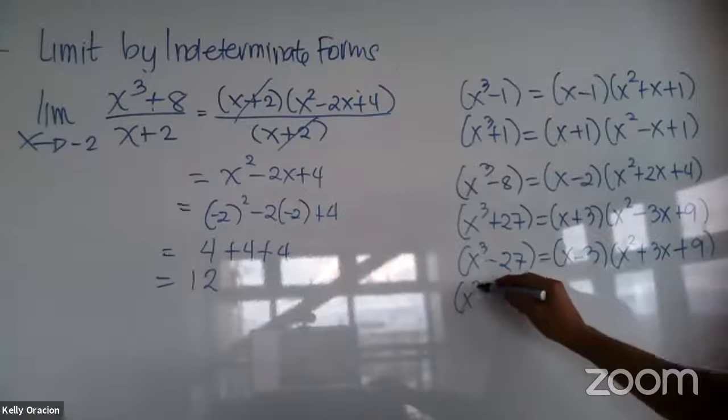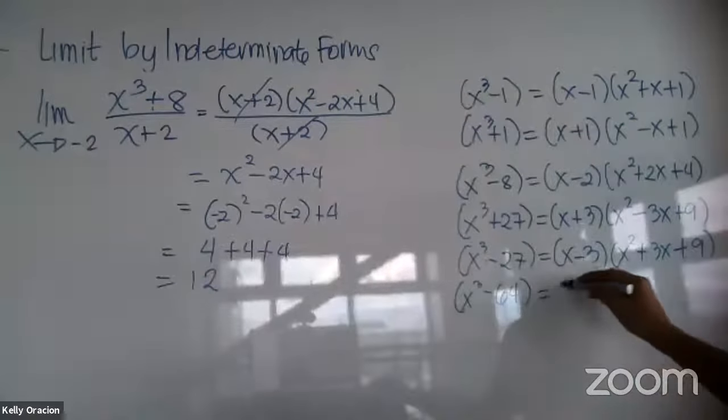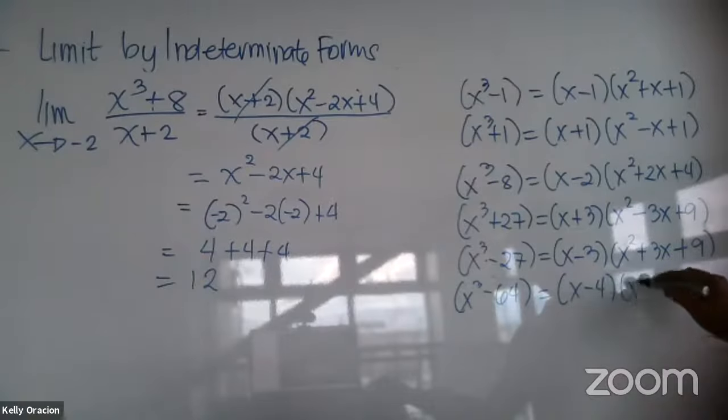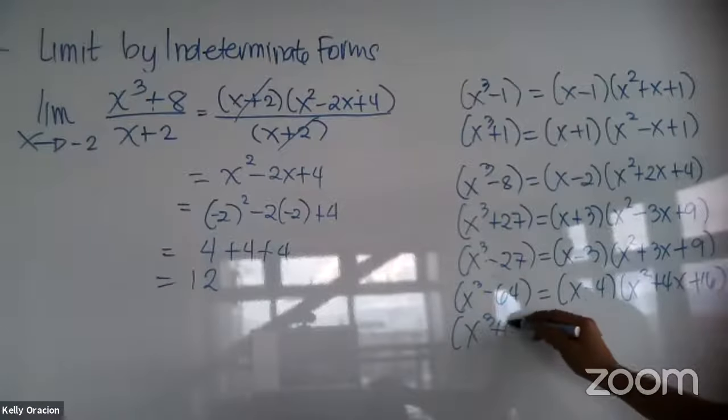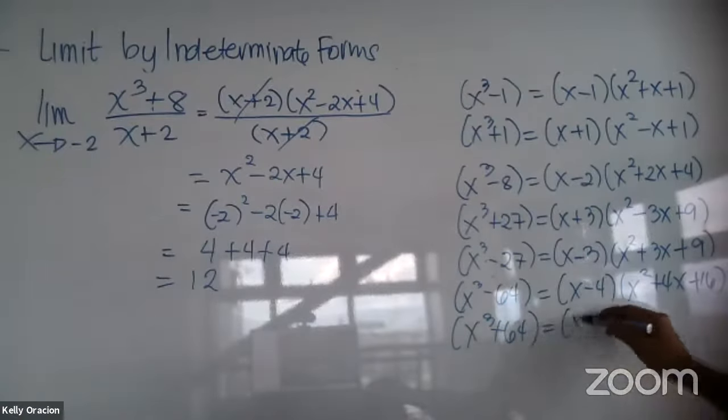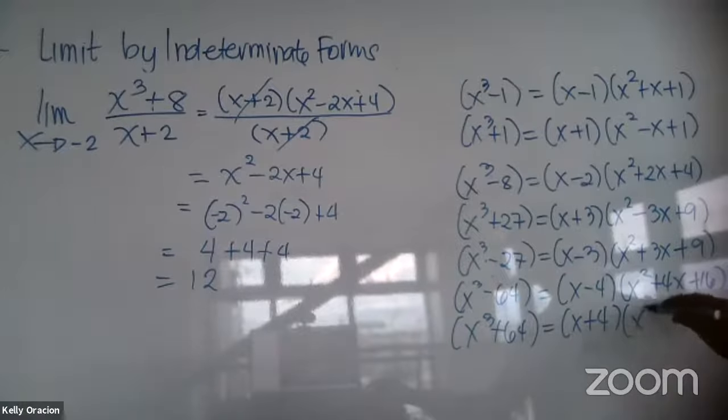Next, x cubed minus 64 is x minus 4 times x squared plus 4x plus 16. Then, x cubed plus 64 is x plus 4 times x squared minus 4x plus 16.